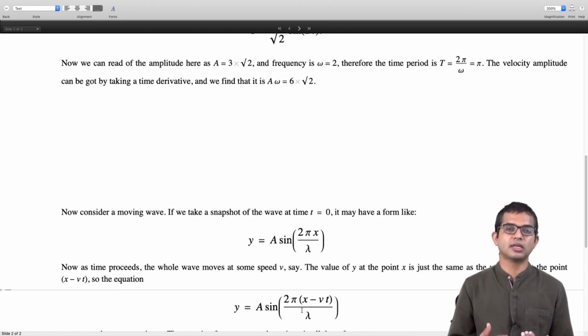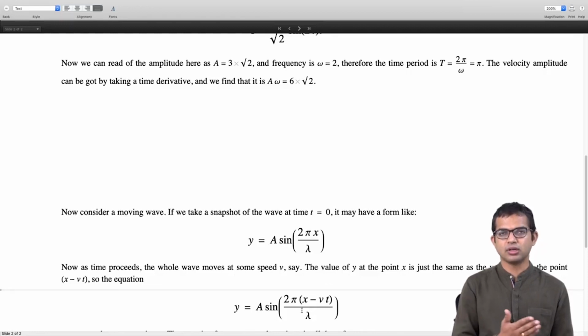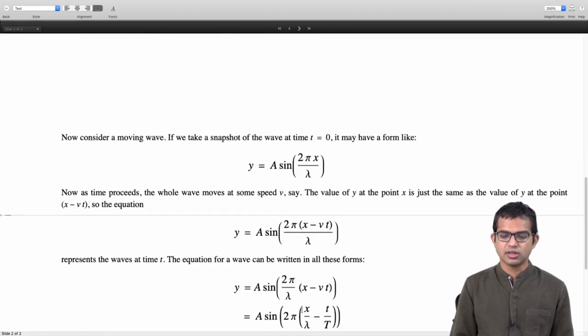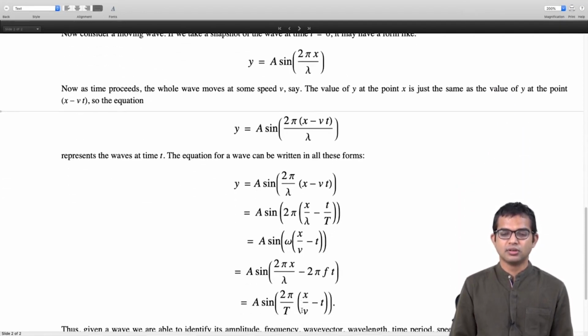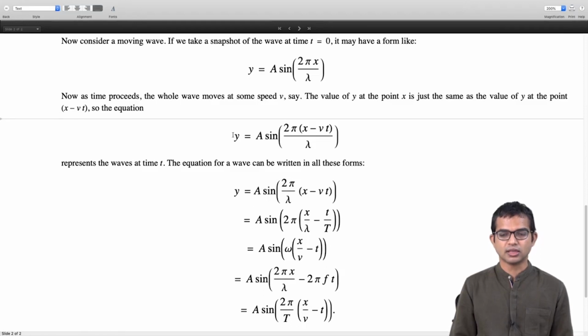So you can either think of this as every point performing a simple harmonic motion in a very precise manner, or, as you might see if you plot this as a function of x and t, it's the whole wave which is propagating as a function of time, right? So there are many different ways in which the same wave function can be written.